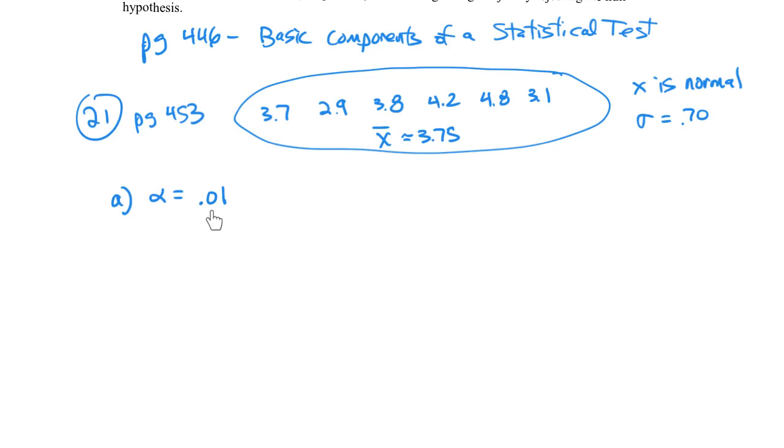We're saying that we're going to stick with the null hypothesis unless we get a sample that has a 1% chance or less of happening. If we get a sample that unusual, we're going to reject the null hypothesis.